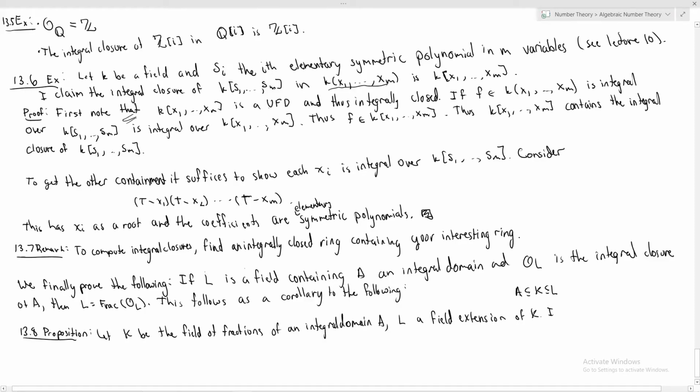Really, I need L to be a finite extension of the field of fractions, or at least an algebraic extension.